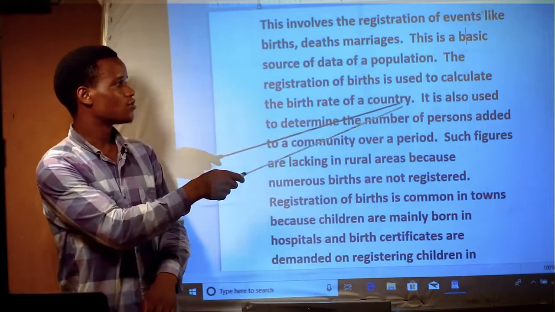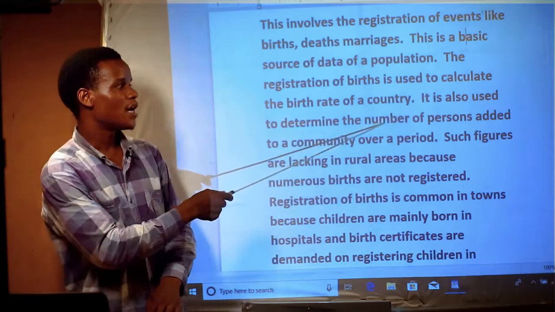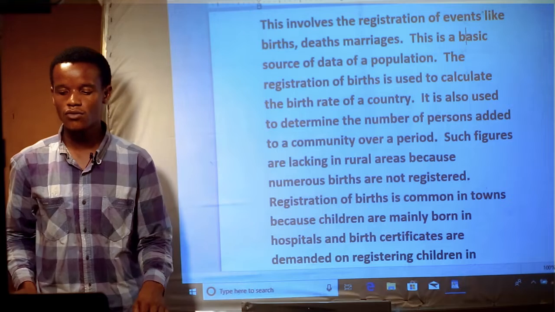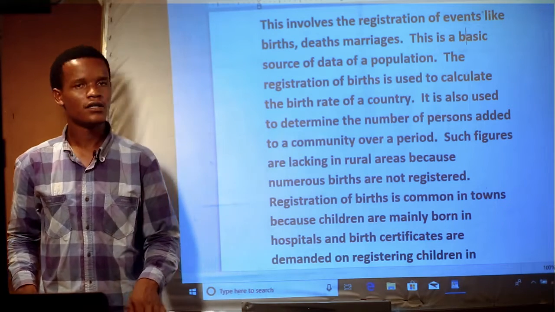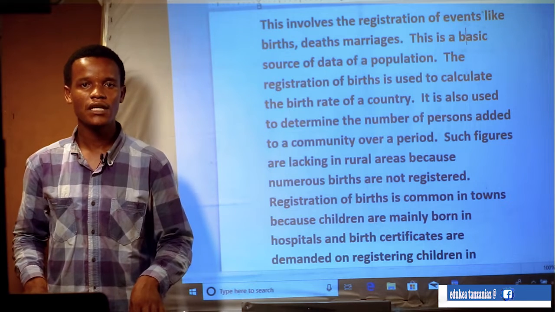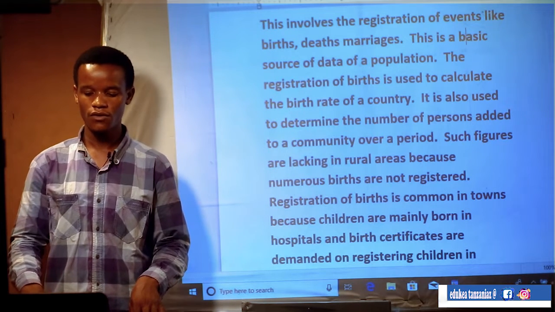It is also used to determine the number of persons added to a community over a period. Through vital registration the government can recognize the number of people added to a certain community at a certain period of time.